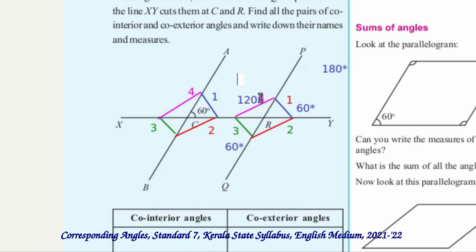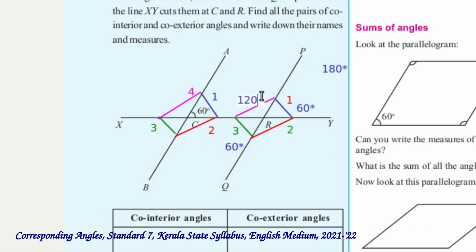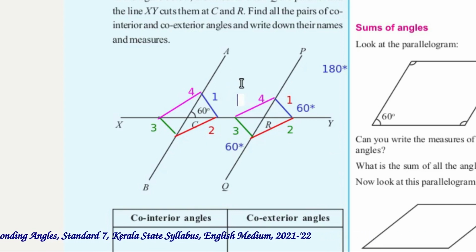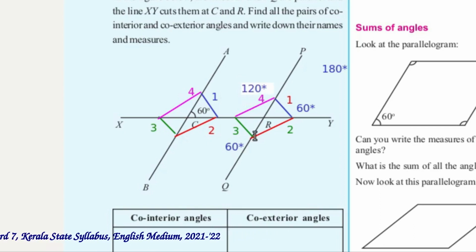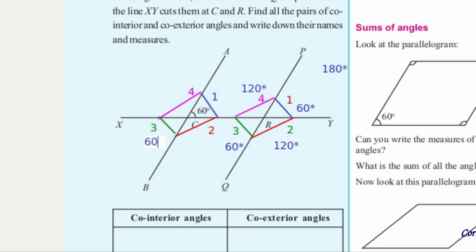This one is not visible, so let's type here 120 degrees. This is the opposite angle, so here also 120 degrees. Now look at this one, 60 degrees. Here angle ACY is equal to 60 degrees, so the opposite angle is also 60 degrees.